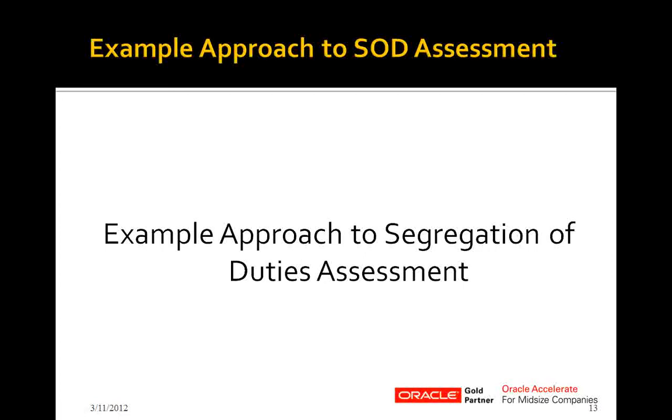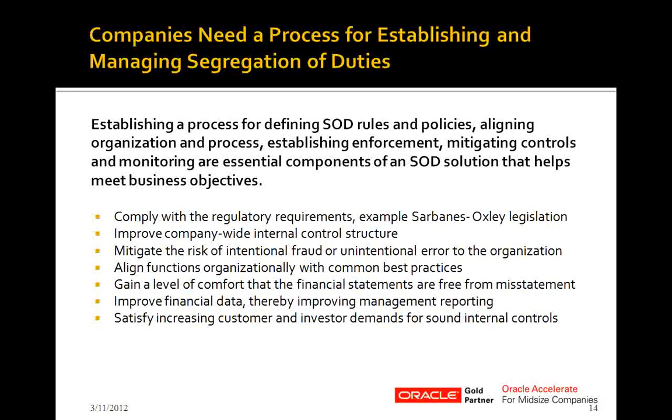Next, let's take an example approach to a segregation of duties assessment. What is it we do, or what should we do? First of all, companies need a process for establishing and managing segregation of duties. Establishing a process for defining segregation of duty rules and policies, aligning them with organizational and process, establishing enforcement, mitigating controls, and monitoring. These are all essential components of a good segregation of duty solution that helps to meet your business objectives.